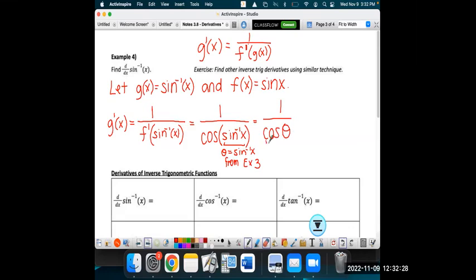We know what this is from example 3. Cosine of theta was the square root of 1 minus x squared. So it might seem like I just pulled this out of nowhere, but the derivative of sine inverse is actually 1 over the square root of 1 minus x squared.